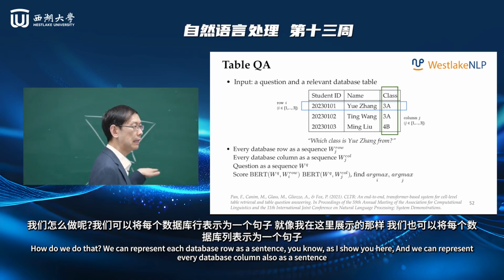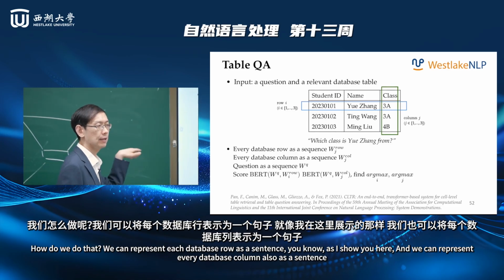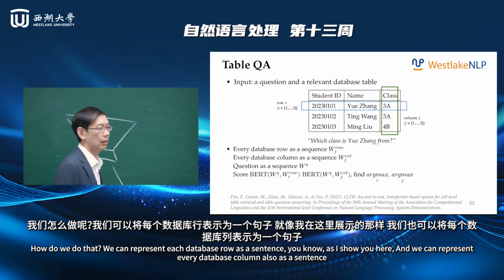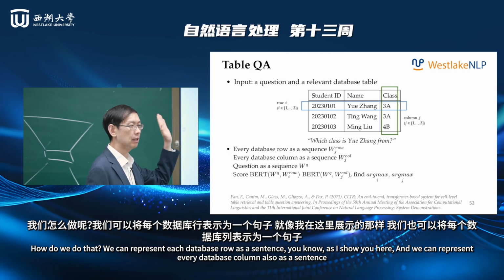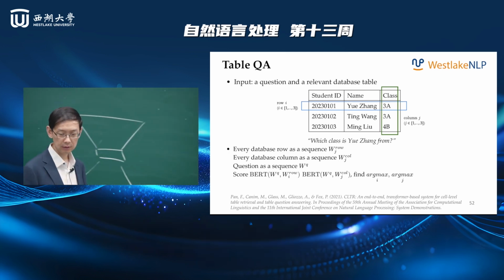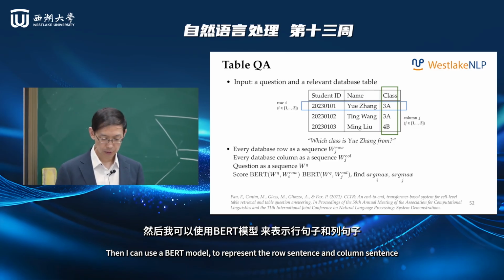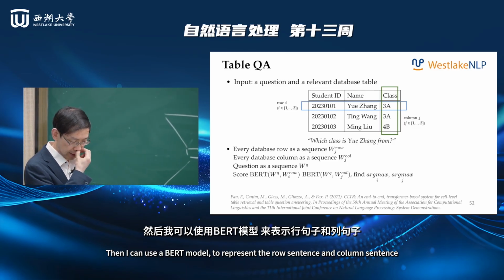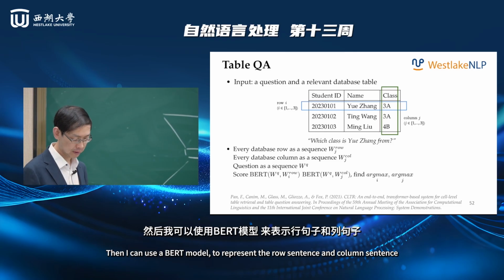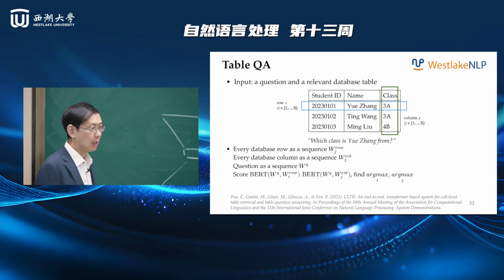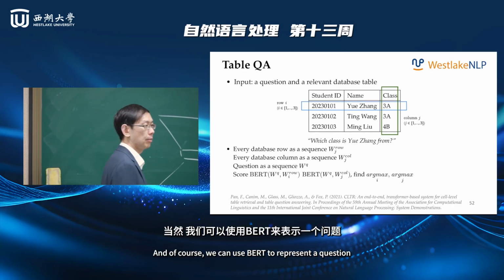We can represent each database row as a sentence, as I show you here. And we can represent every database column also as a sentence. Then I can use a BERT model to represent the row sentence and the column sentence. And of course, we can use BERT to represent the question.